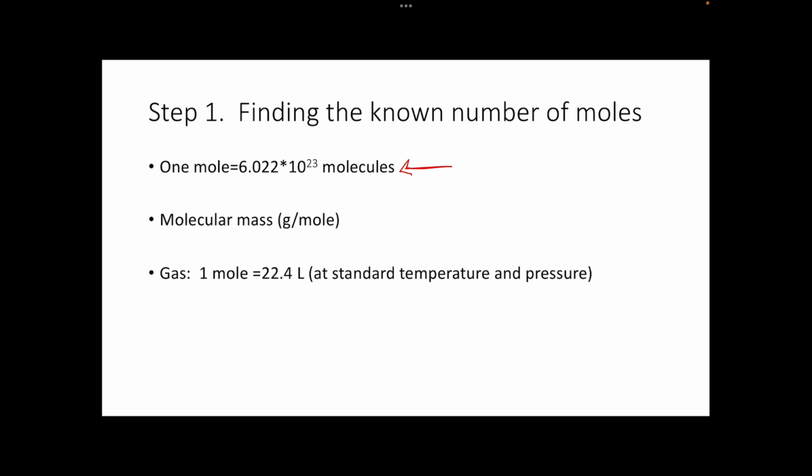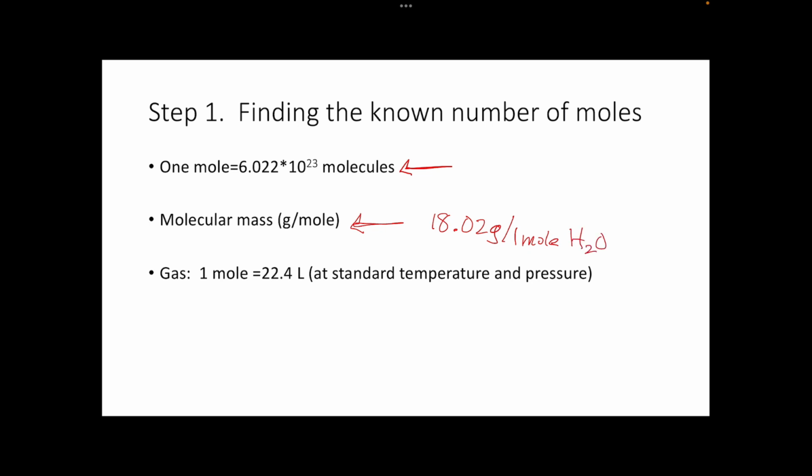The second thing we can use is the molecular mass. This is where we use the periodic table to tell us how much mass there is in 1 mole of substance. So for example, there is 18.02 grams in 1 mole of water.